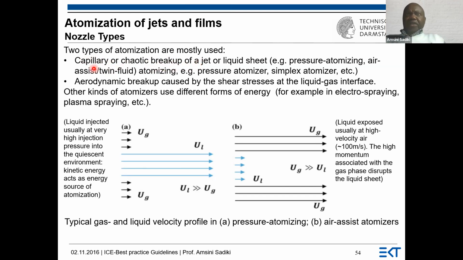We have the atomization based on capillary or chaotic breakup of a liquid jet. This is, for example, what we obtain with pressure atomizing, air assist or twin fluid atomizing, for example a pressure atomizer, simplex atomizer. I will summarize everything in a table in a few minutes.